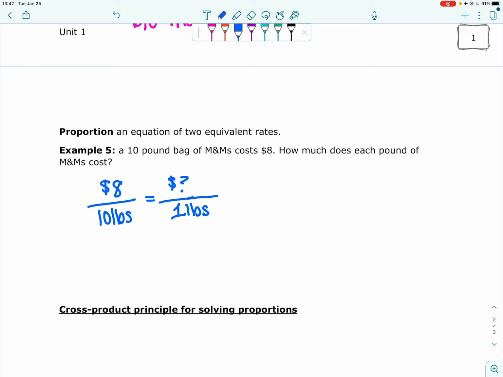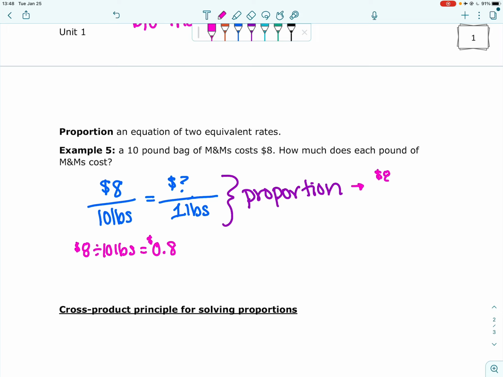When you have two rates that are equal to one another, this is called a proportion. That's what I've set up here. What I don't know is the answer to my question, but we can find that. $8 divided by 10 pounds. 80 cents.